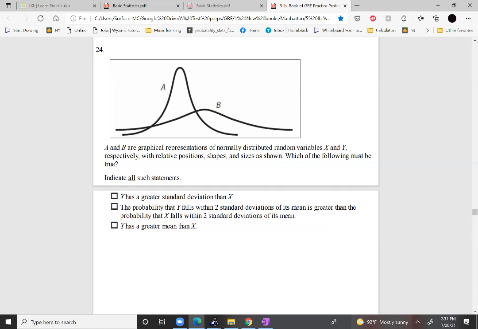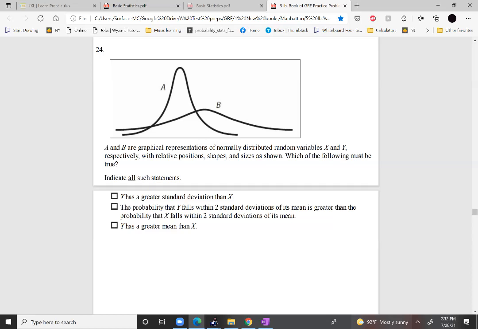So you can see that B is way more spread out, right? So it's a greater standard deviation, right? So definitely. Also, B's middle seems to be on the right of the middle of A, right? So definitely C is true. Yeah, I see what you're saying. So A and C are definitely true.